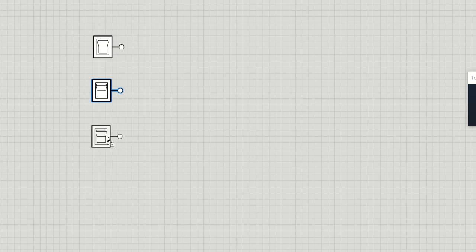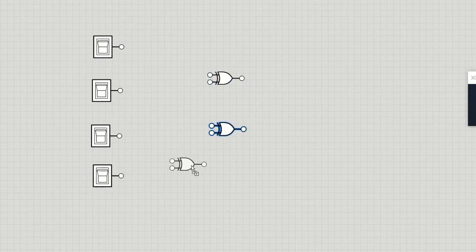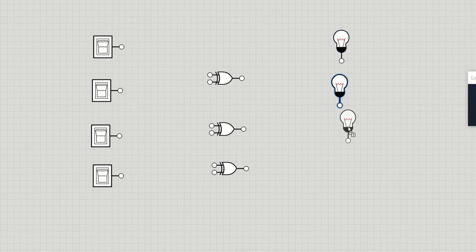Now start designing the circuit the same as the binary to gray code converter. Here also 4 inputs and 3 XOR gates. Four light bulbs, which represent the outputs.